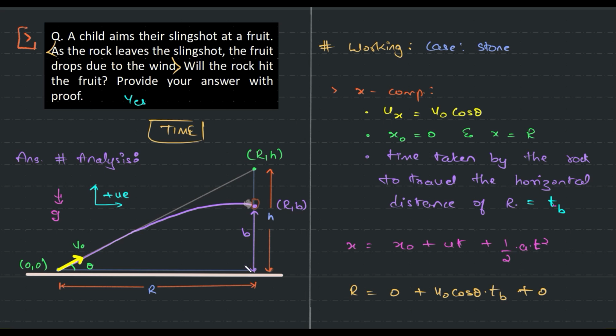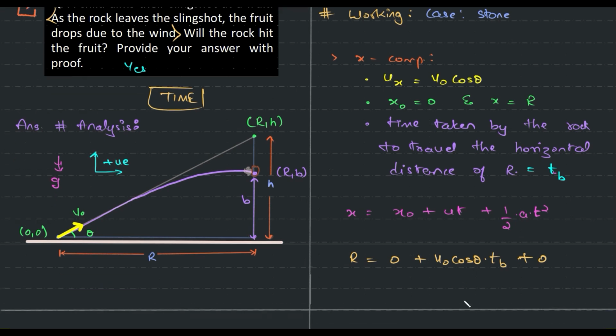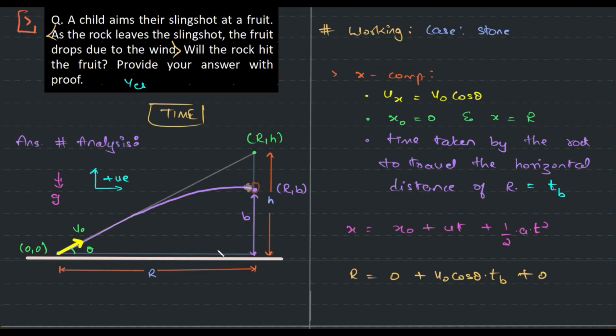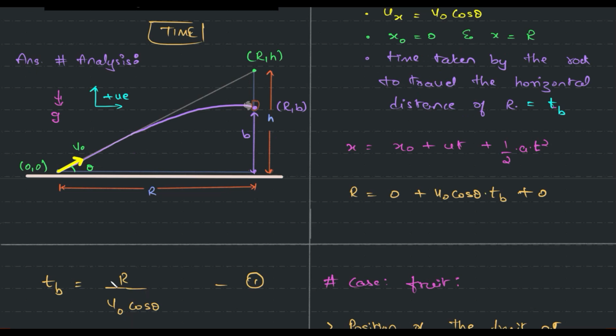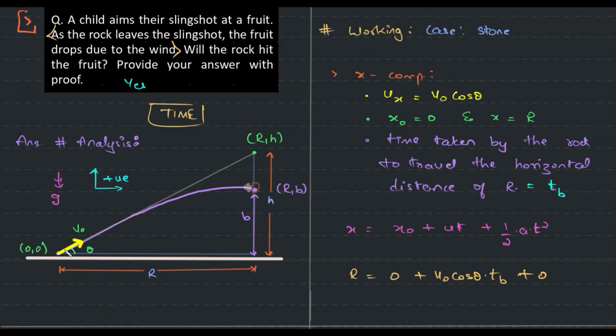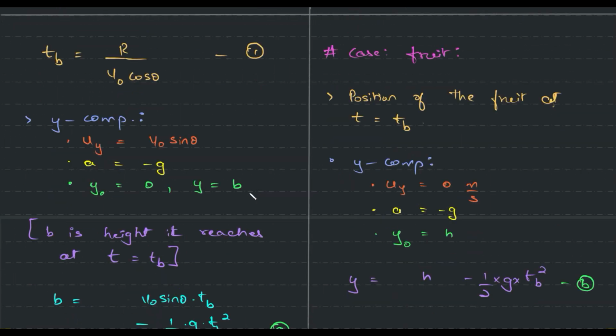So I went on to just write this expression. I got TB. Then I was like, okay, I'm able to travel this distance with this particular time period. I want to see at what height will the rock be, and at the same time, what height this fruit will be. I just went on with that instinct and I got the answer.